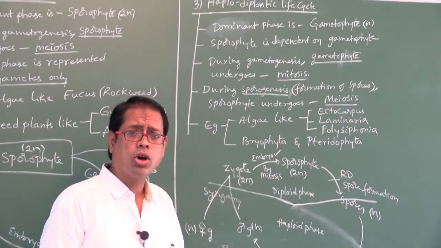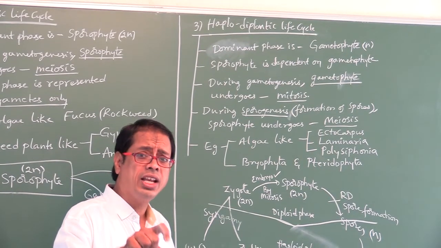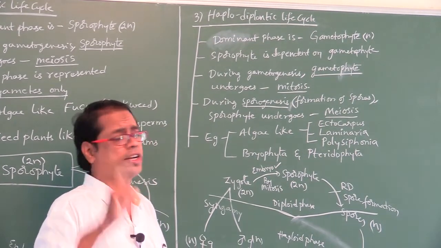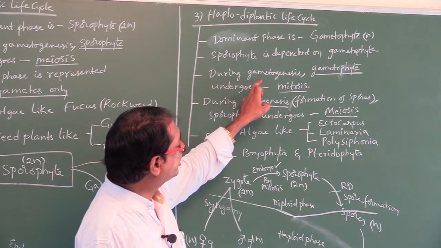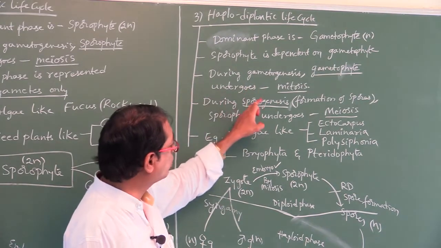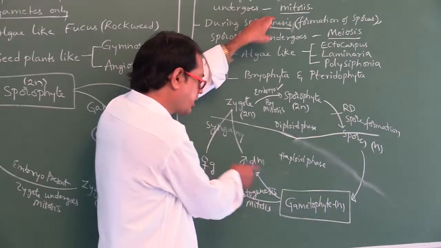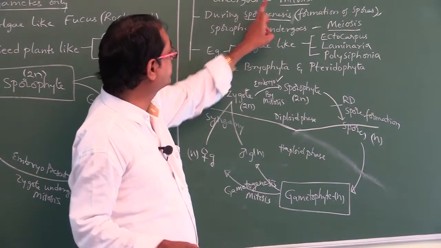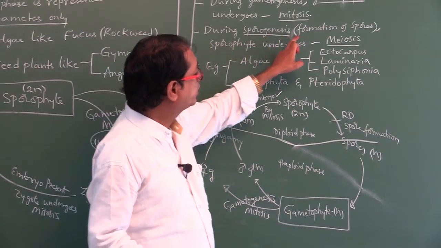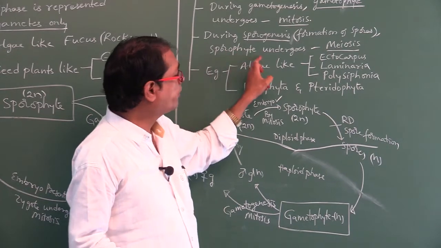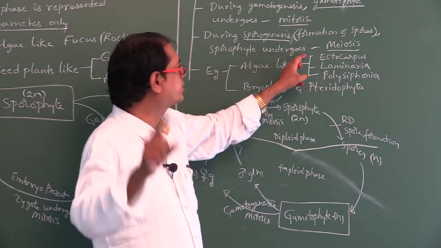Sporophyte is dependent on gametophyte both physically and nutritionally, that is in bryophytes. During gametogenesis, gametophyte undergoes mitosis. During sporogenesis, that is formation of spores, sporophyte undergoes meiosis.